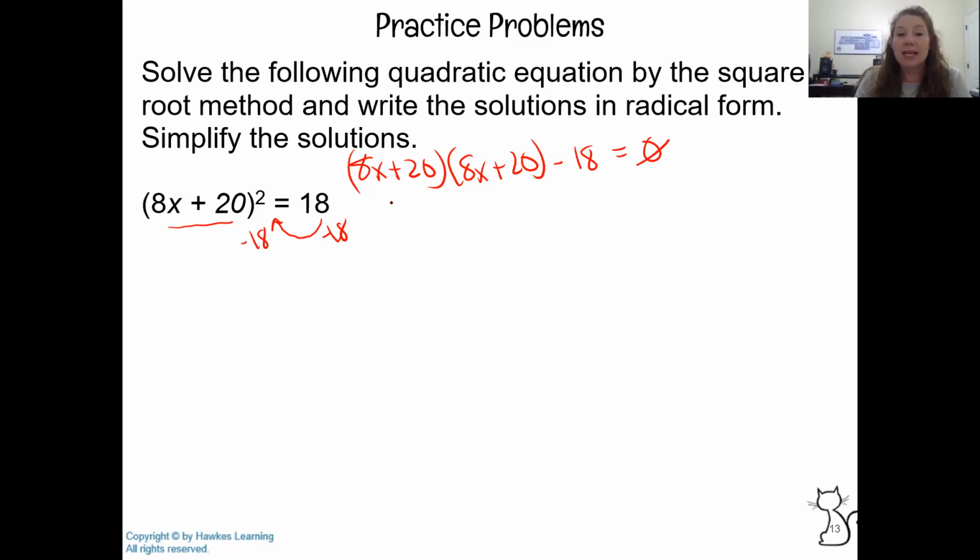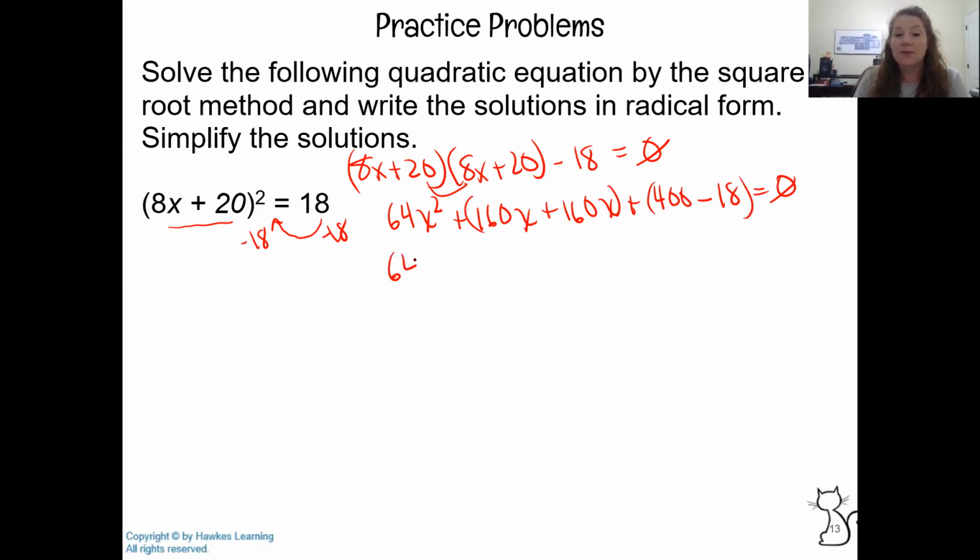So 8x times 8x is 64x squared. And then we have 8x plus 20, so that would be 160x. And then do it again, plus 160x. And then plus 400 minus 18 equals 0. So then these two are like terms, and these two are like terms.